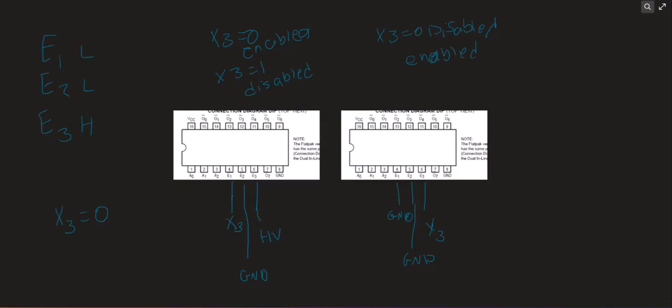That allows you to use this as if it had 15 outputs. 0, 1, 2, 3, 4, 5, 6, 7, 8, 9, 10, 11, 12, 13, 14, 15.